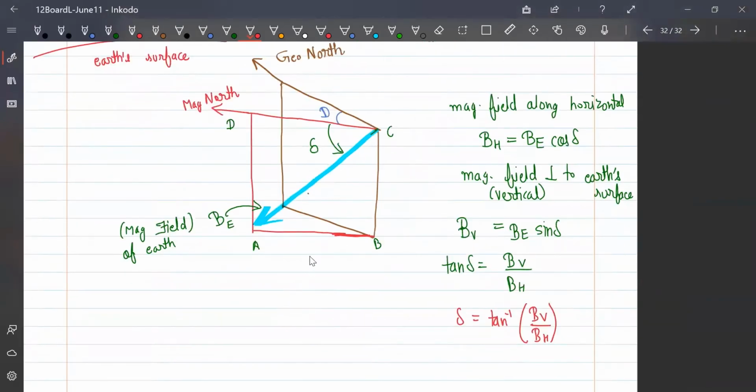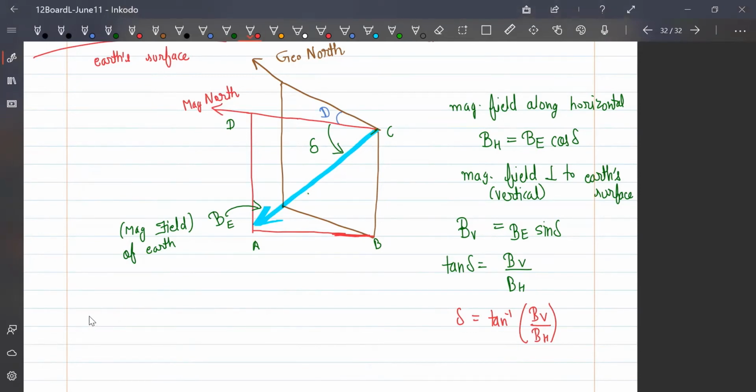Okay, suppose I want to find the component of the magnetic field along geographic north. Then I can take the component of the magnetic field along magnetic north to the geographic north. We just have to take its component along geographic north.